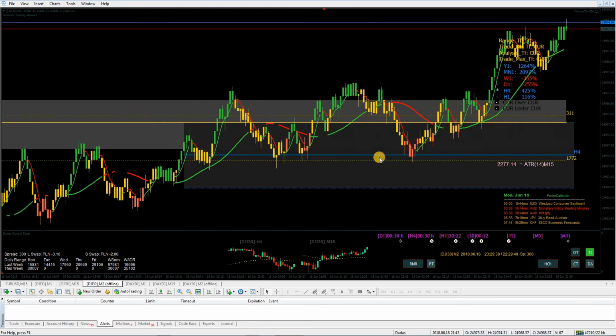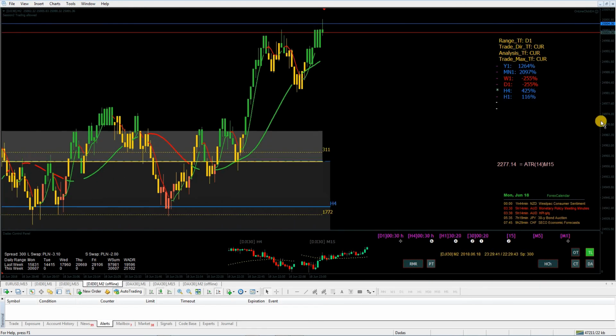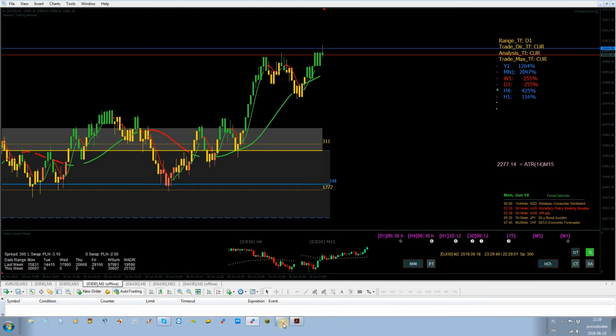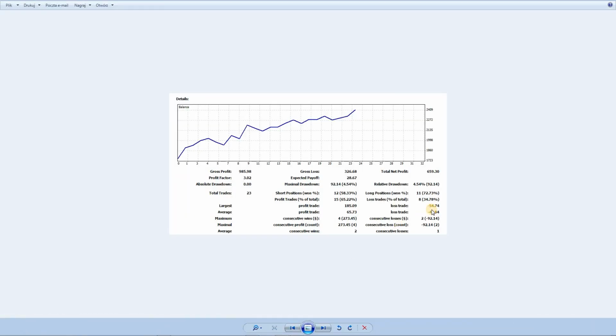So anyways, I was doing a lot of testing, so I made a lot of trades. I used a smaller account, and this is the result from today. I made 23 trades, and of course I lost some and I won some.